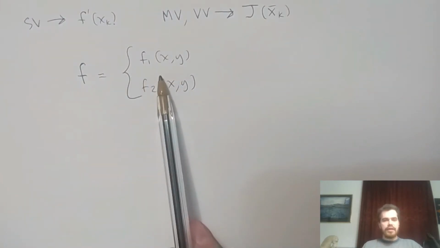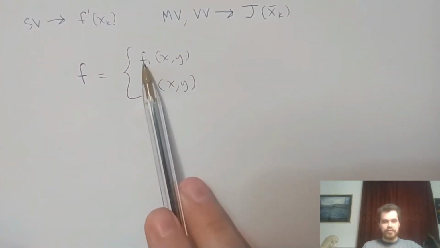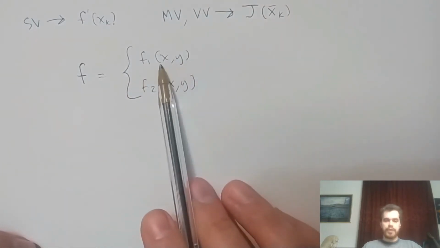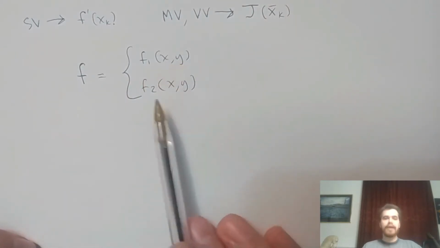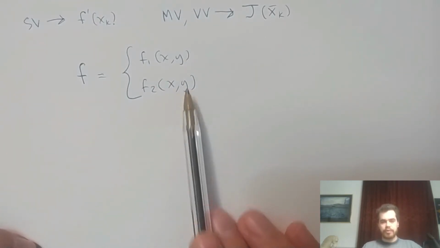If this is our function, the Jacobian is going to look like all the partial derivatives of this function together in a matrix. So f1 is a function of x and y, so it has a partial derivative with respect to x and a partial derivative with respect to y. Likewise, f2 has a partial derivative with respect to x and with respect to y.